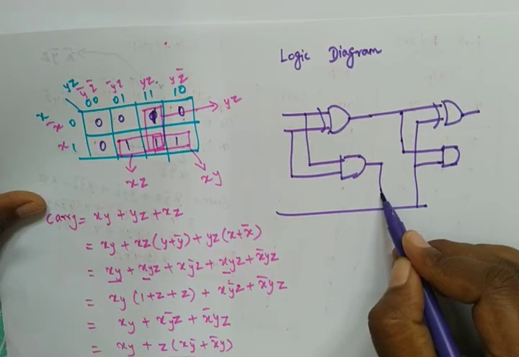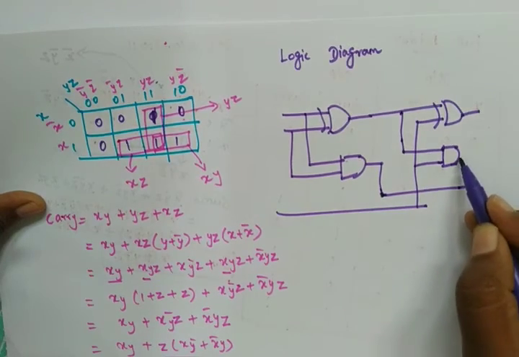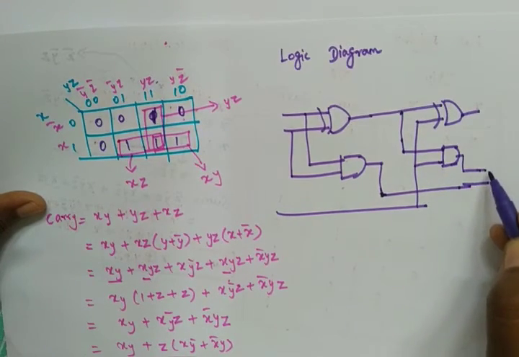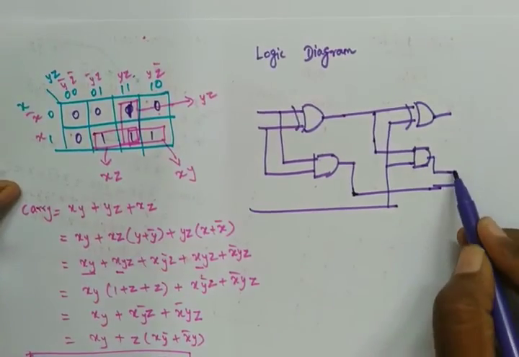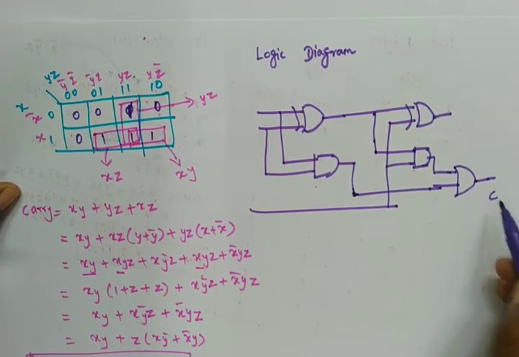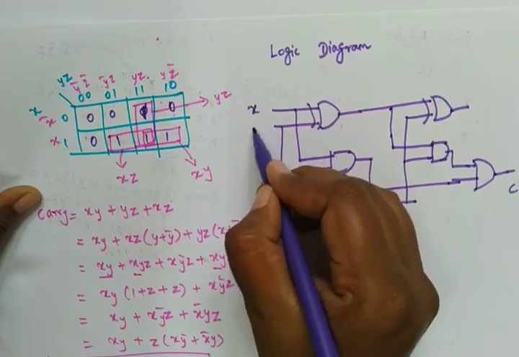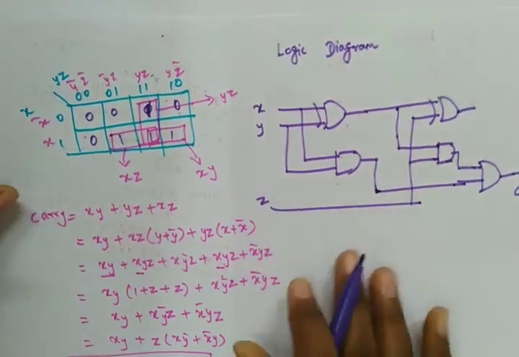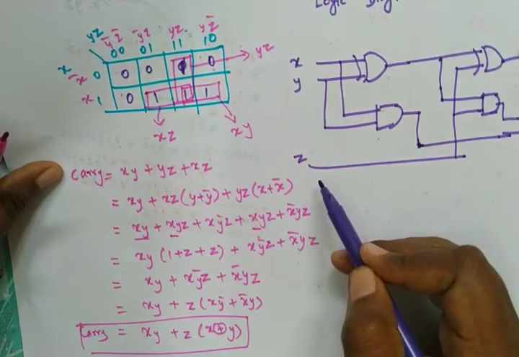Now draw these two half adders so that we get a full adder. Here we have x, y, z, the three inputs.